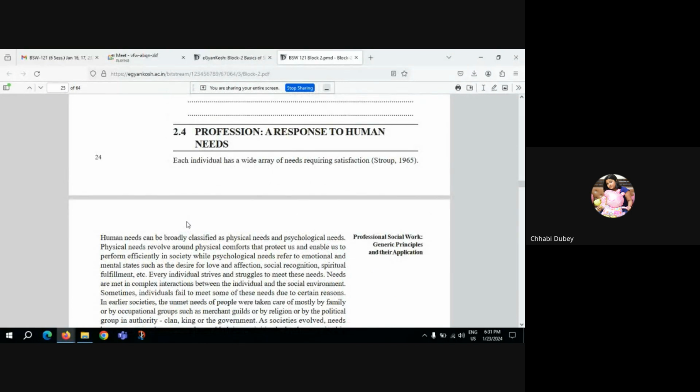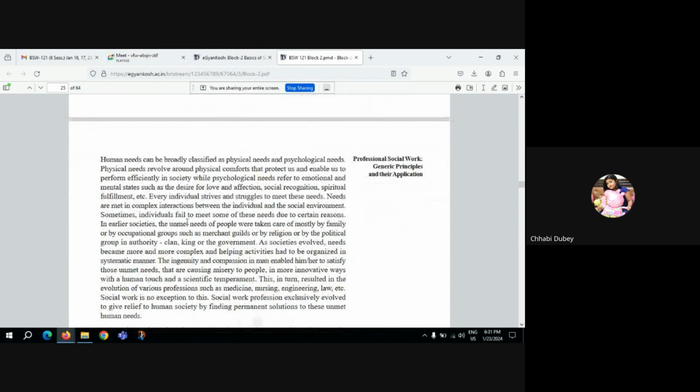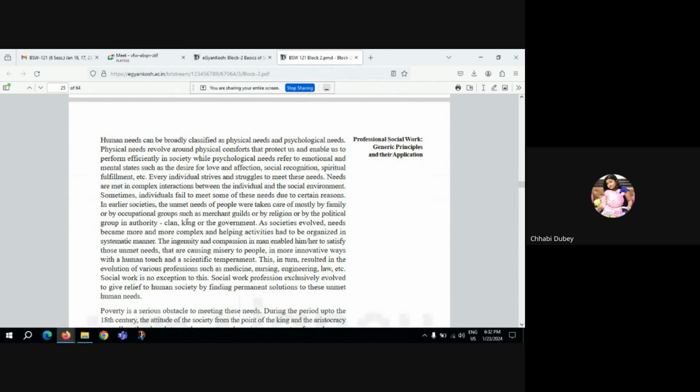Now, this is all about how professions are considered to be a response to human needs. There is a set of theory which says that people have different needs, maybe physical needs, psychological needs, social needs, emotional needs.